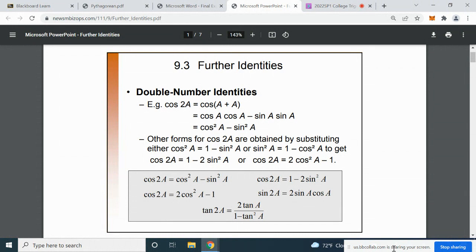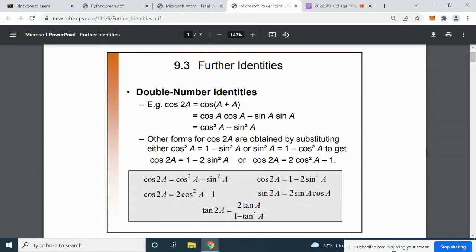So out pops this formula. And then for the other alternative formula, sine squared A was substituted with 1 minus cosine squared A. And then out pops this formula: the double angle for cosine is equal to 2 cosine squared A minus 1.